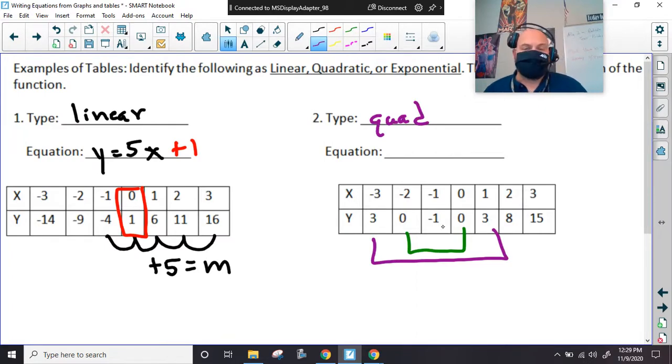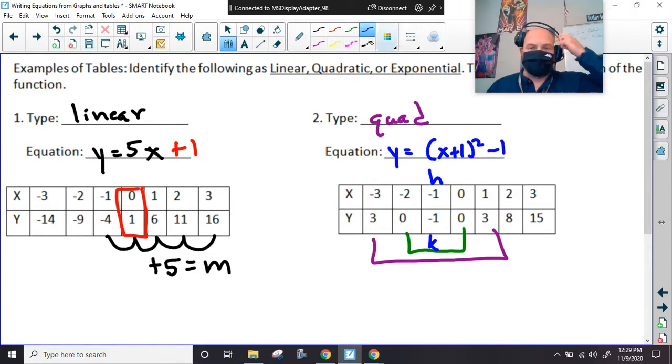Okay. Now, this is why it's so easy to write these, because in the middle, this is my h value, this is my k value. Okay. So I could plug that in, y equals x, because it's going to be minus -1, the same thing as plus 1 squared, and then minus 1.